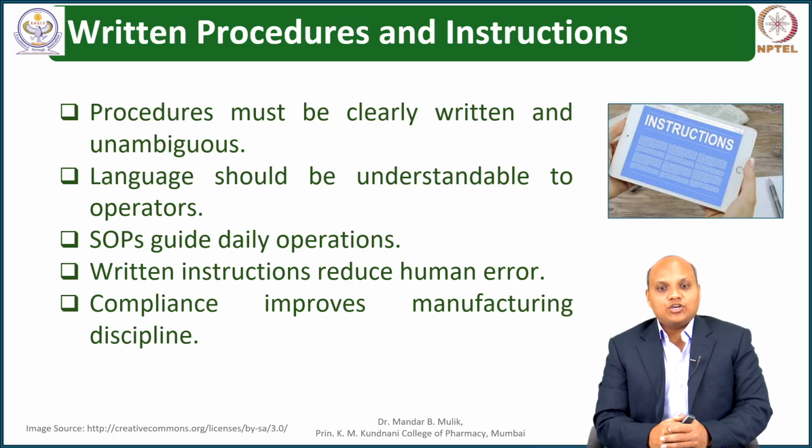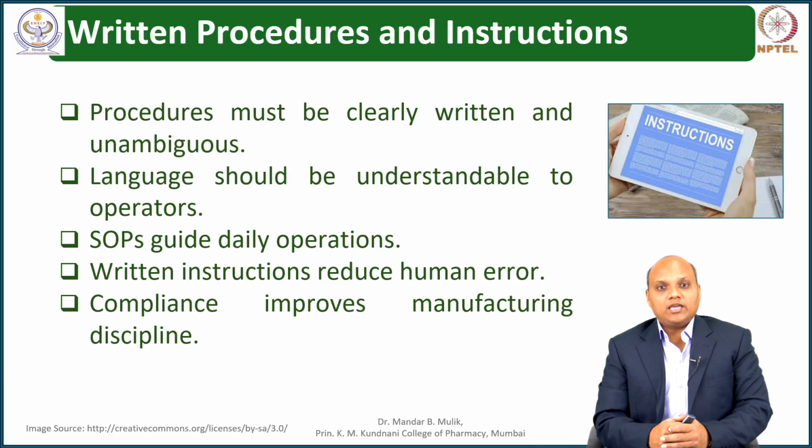Written instructions reduce human error. It has been seen that if written instructions are put up at different locations inside the plant, they are followed much more efficiently than non-written instructions. Compliance improves manufacturing discipline.